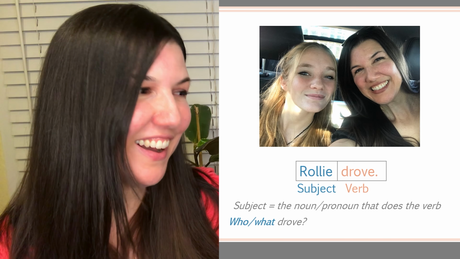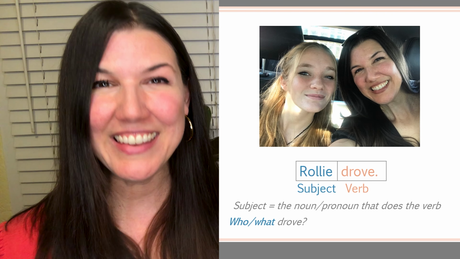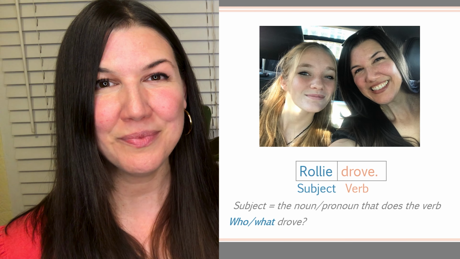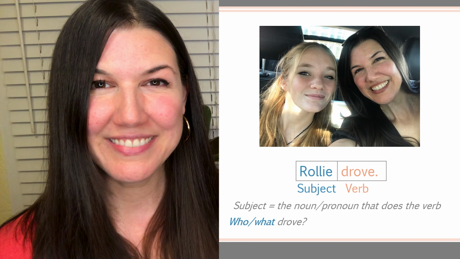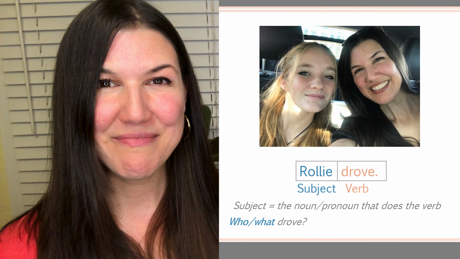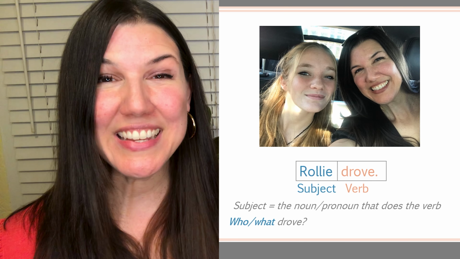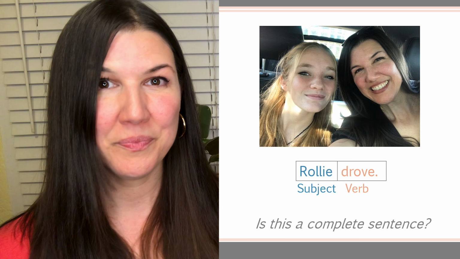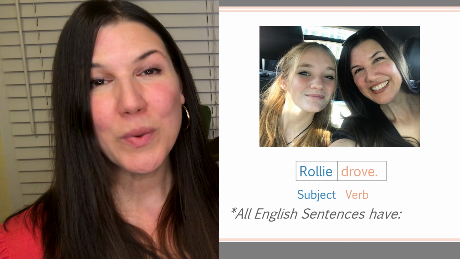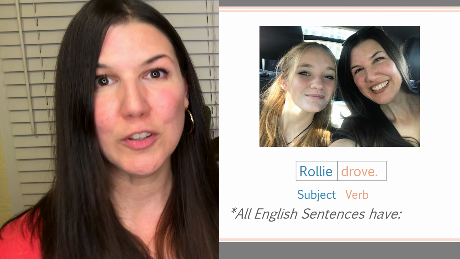Raleigh, that's right. Raleigh drove. That's our subject. Raleigh is our subject. Is this a complete sentence in English? Actually, it is. Raleigh drove is a complete sentence all by itself. Because in English, we need two things to have a full sentence.